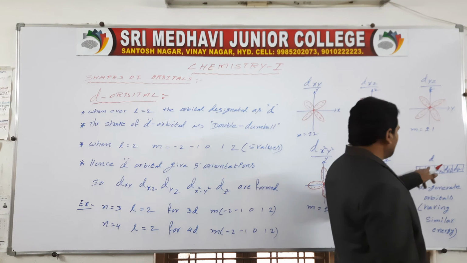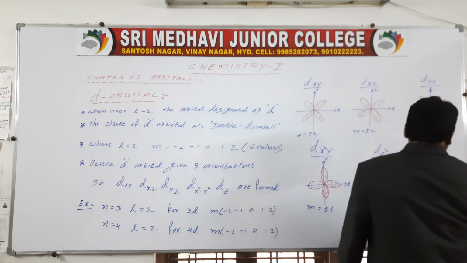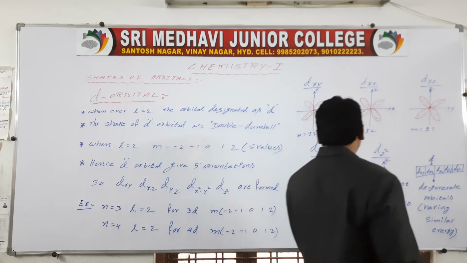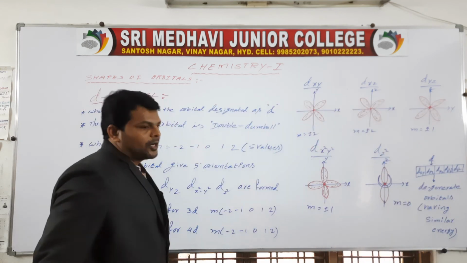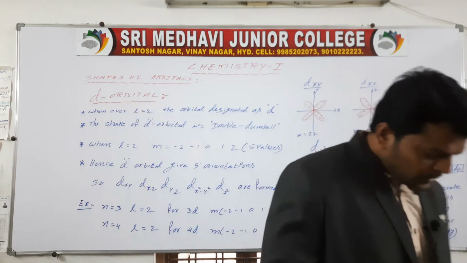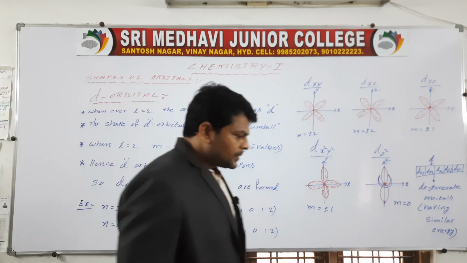It is a subshell, and it has degenerate orbitals. The d subshell has 5 degenerate orbitals. This is briefly about the d orbital.